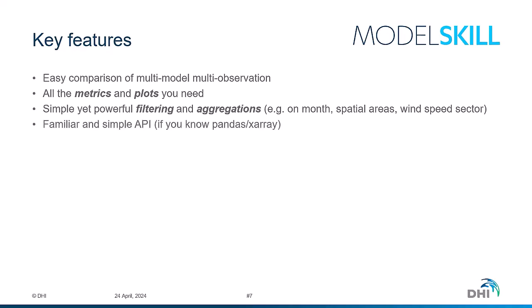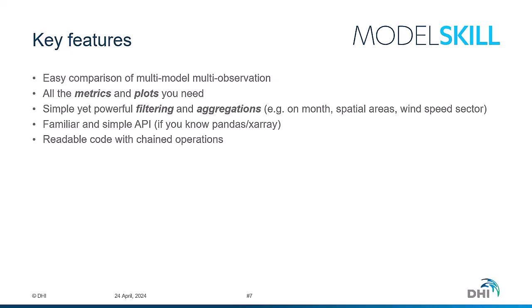Then we tried to make the API quite simple and also familiar if you know pandas and xarray. So many of the things that you know there are called the same things. For example, like in xarray, you have a sel, select method, and we have the same here, also query.